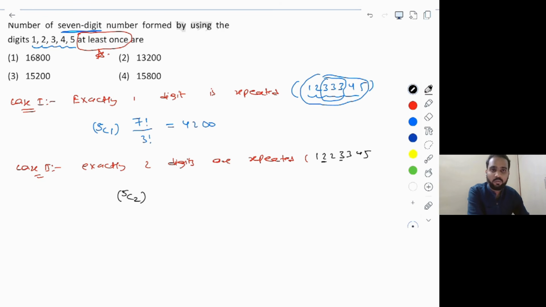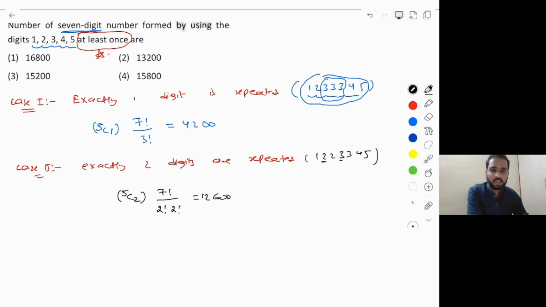Then, once the picking is done, the remaining thing is only arrangement. Seven numbers are there: 7 factorial divided by 2 factorial, since two digits of one kind are there, and by 2 factorial, since two digits of the other kind are there. That will give you the answer 12,600. But my question is, is one more case possible?